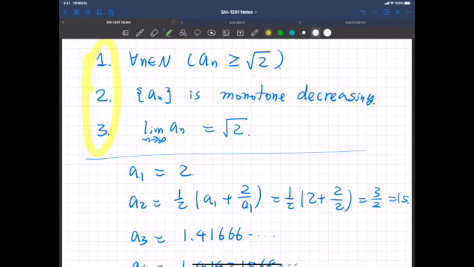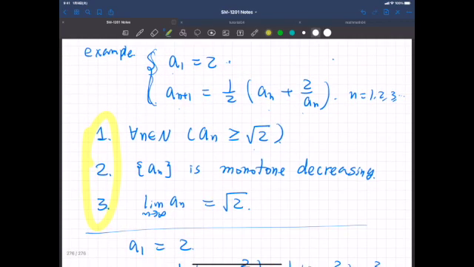Okay, what you should observe in this example is this. First of all, this is bounded below. So it can never get less than square root of 2. And it is monotone decreasing.